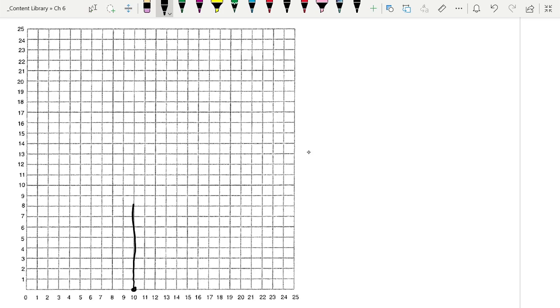I'll do the opposite shading again. It's less than or equal to, so I'm going to shade everything to the right. Like I just said, I'm doing reverse shading.